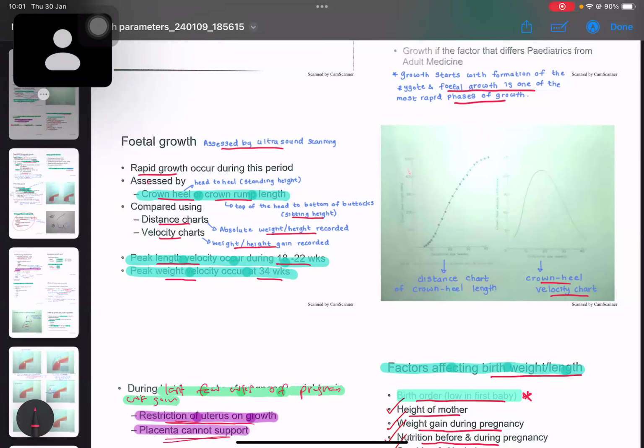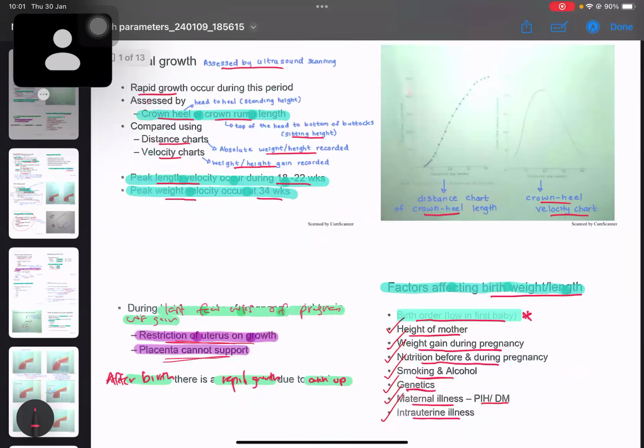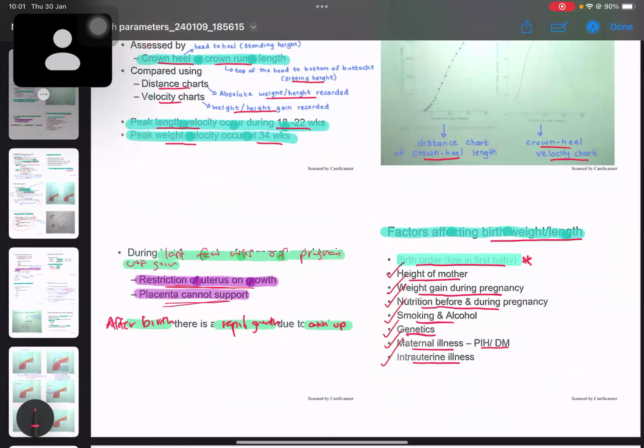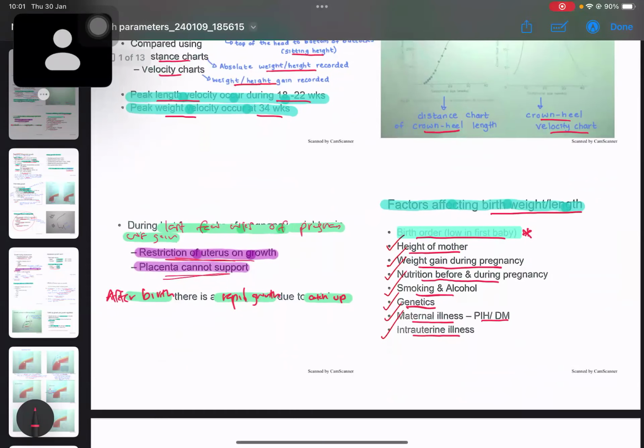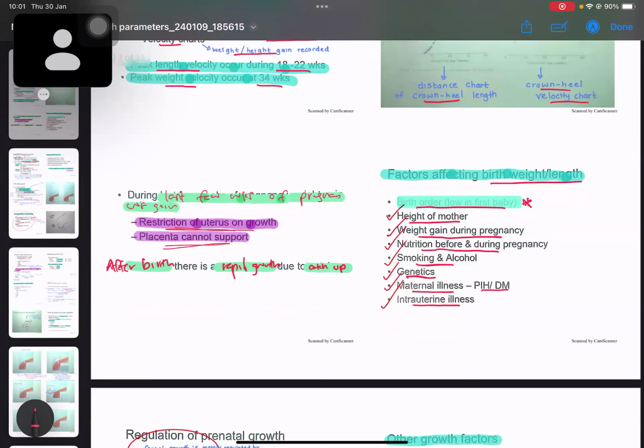Okay, this is a distance chart of crown-heel length and a crown-heel velocity chart. They won't ask this in the exams. Okay, during the last few weeks of pregnancy, the weight gain of the baby increases, but though the weight increases, the height will not increase because of the restriction given by the uterus on growth, and also the placenta cannot support it.